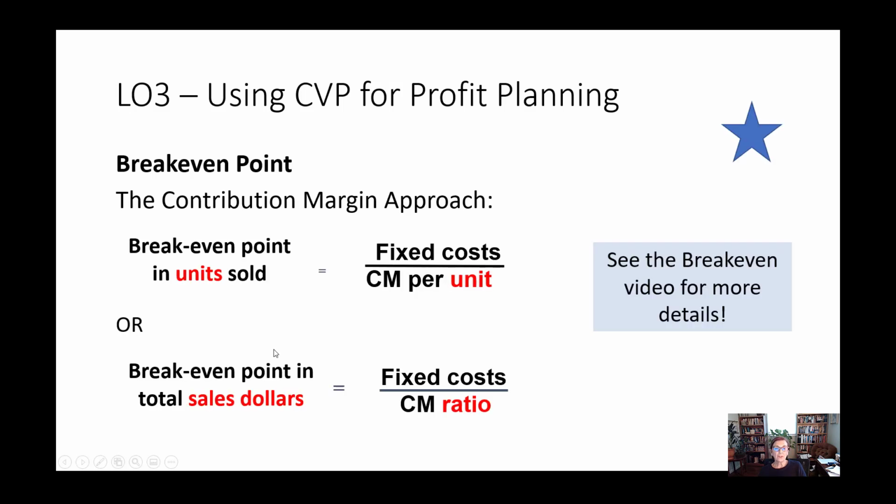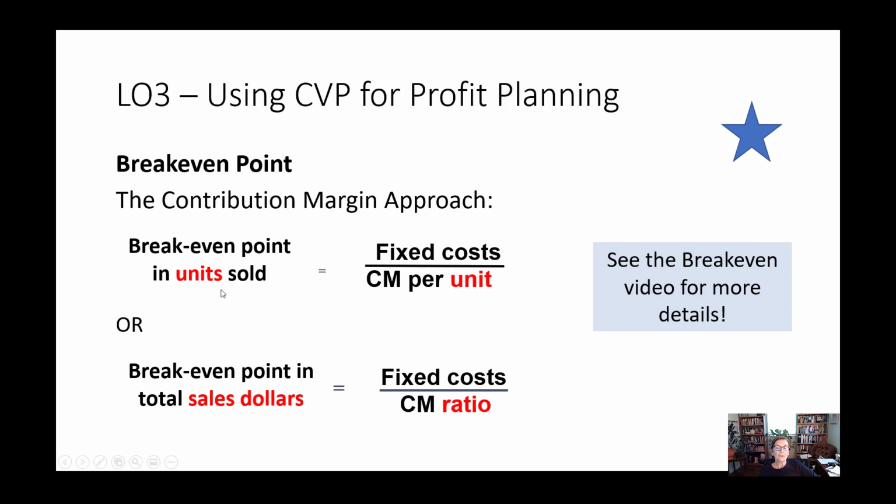All right, a faster way to do this is to use the formulas, the contribution margin approach. Again, this has got a star. These are formulas you need to memorize. All right, so if you want to know how many units do we need to sell to break even, you use this first formula, break-even point in units sold. Take your total fixed costs and divide it by contribution margin per unit.